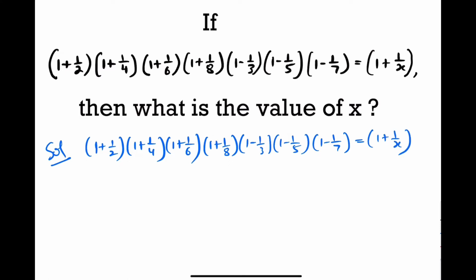So here we have four brackets in plus, 1 plus, 1 plus like that, and 3 in negative, 1 minus, 1 minus.